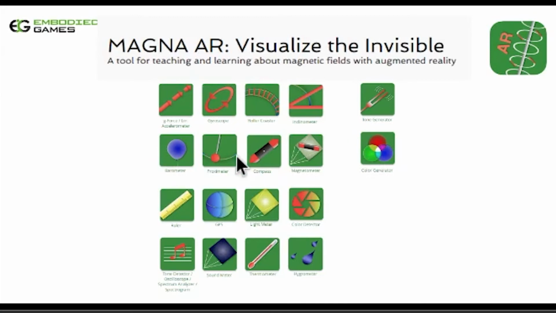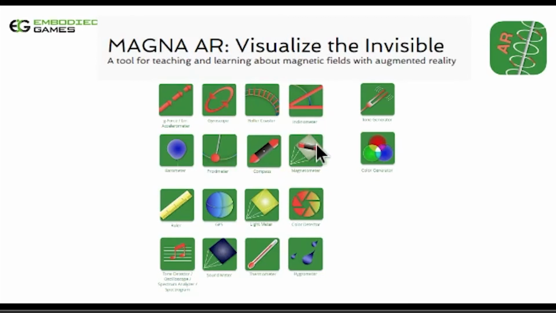And so we went a little further, combining this magnetometer and the accelerometer, and doing what you would call odometry. And we built an app called MAGNA-AR, which can overlay an accurate magnitude and directionality of magnetic fields in augmented reality in real time.